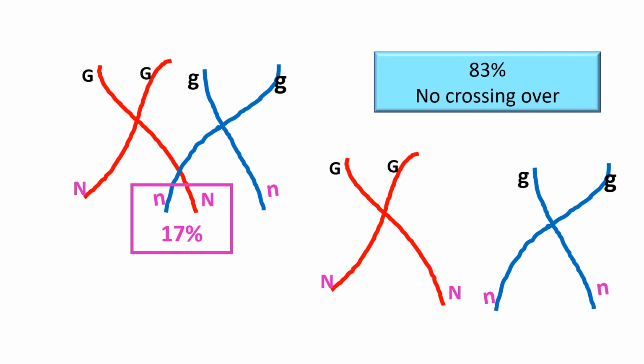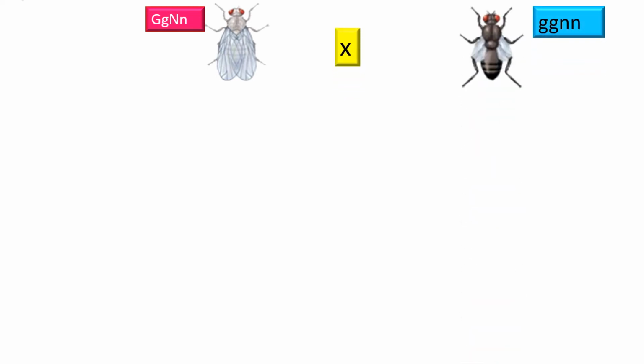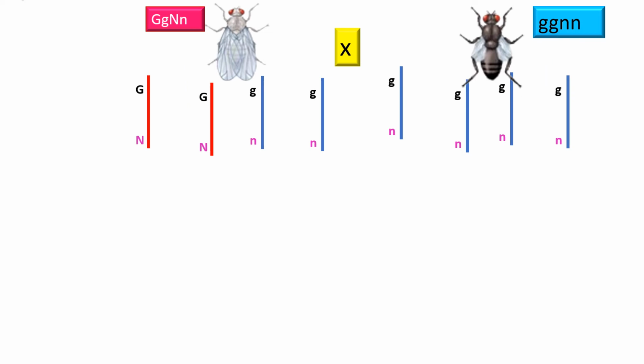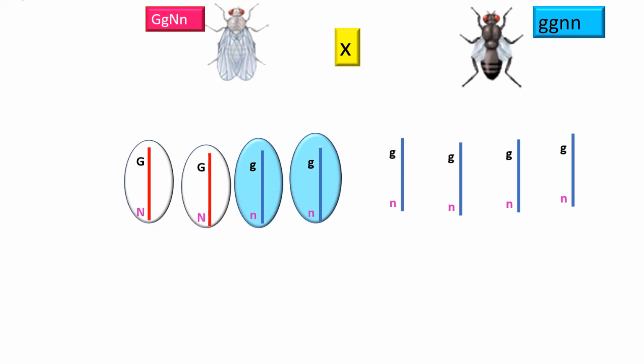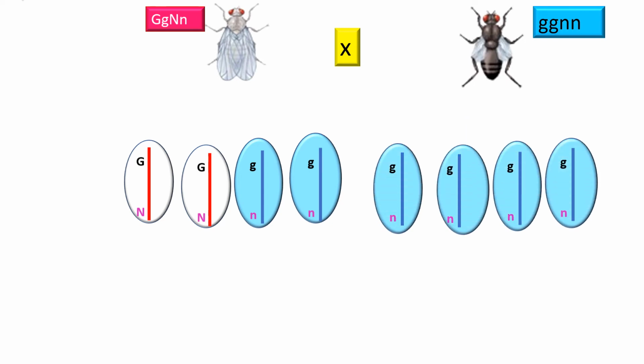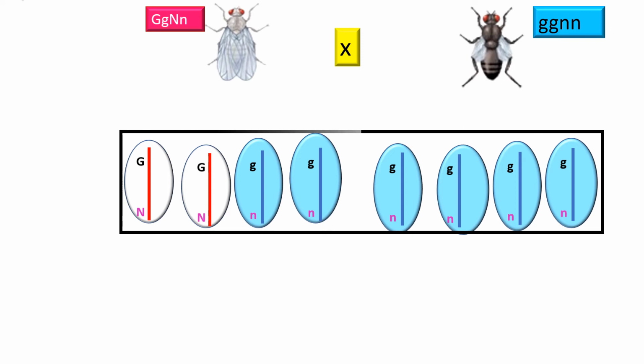Let's see the types of flies produced without crossing over. Gamete formation without crossing over. Random fertilization of gametes of linked genes.